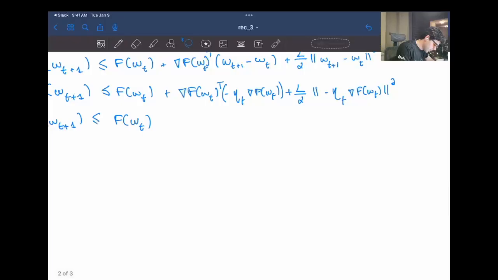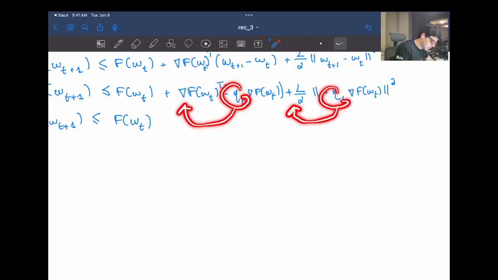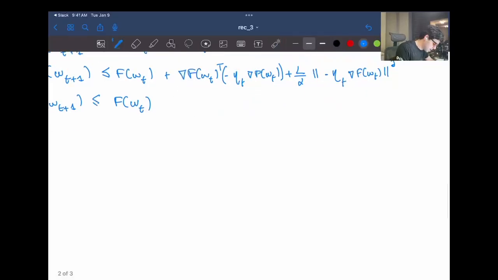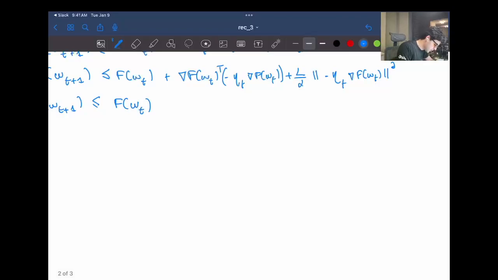Now we want to move this out and this out here also, so we have something cleaner to introduce alpha. It's just an intermediate step. You don't have to do it. So this is fairly straightforward. And then here we're going to have this.